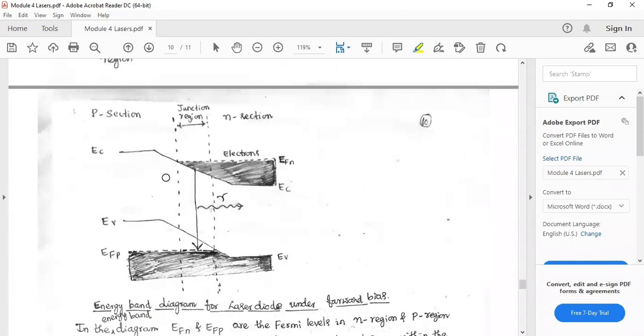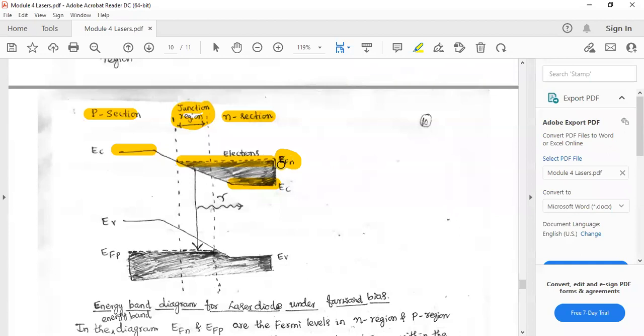Again, I have already explained. In p-type material, the conduction band is slightly higher than the conduction band in the n-type material, and this is the junction region. The Fermi level in the conduction band actually overlaps. In n-type material, the Fermi level lies very near to the conduction band.